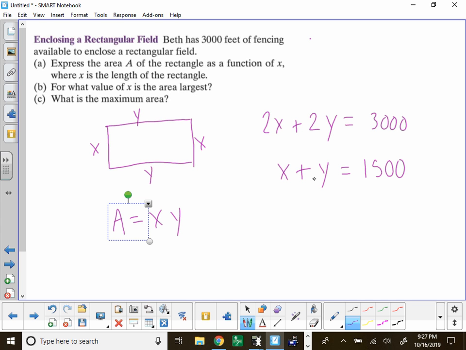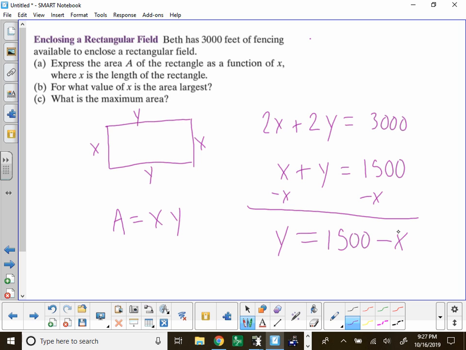Now I can make this all be in terms of x by subtracting this x over, right? So y equals 1,500 minus x. So this here is going to get substituted in for y. The area is my governing equation here.